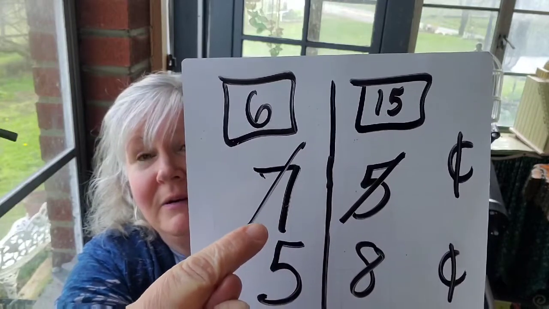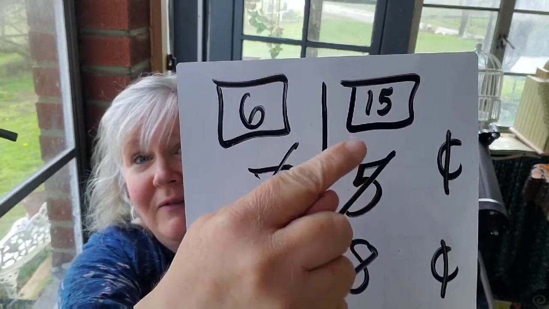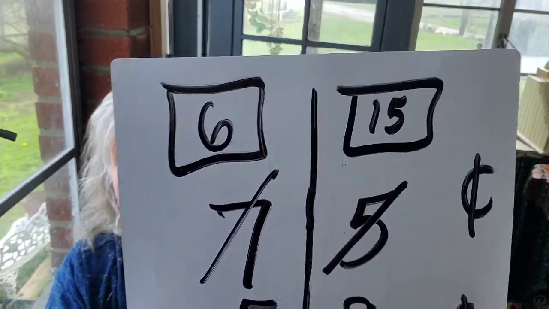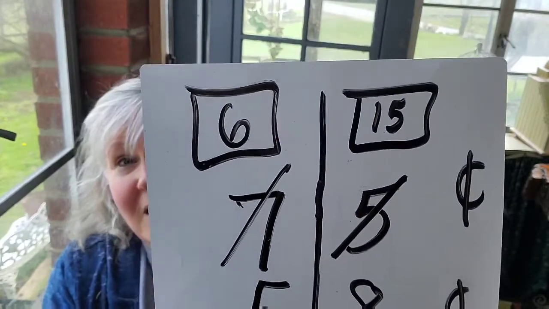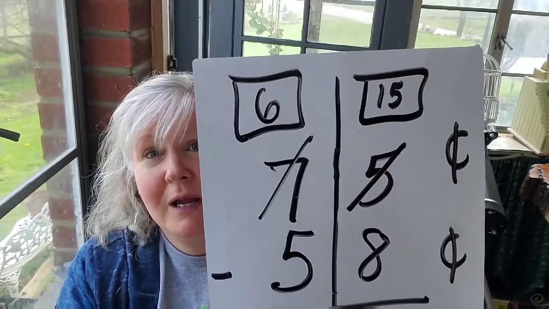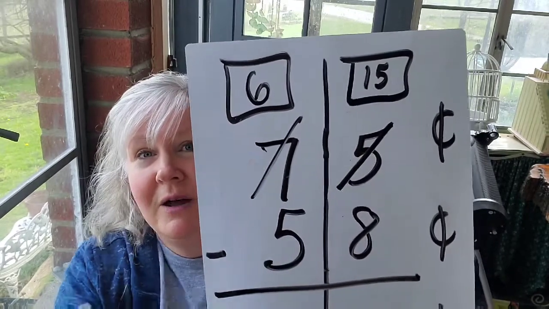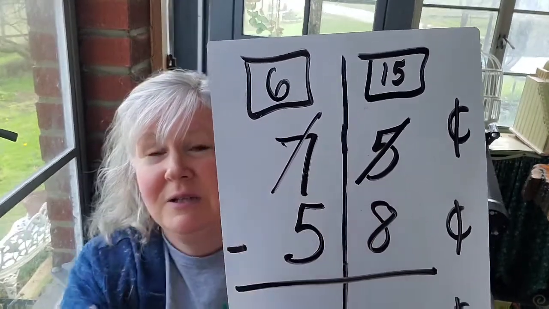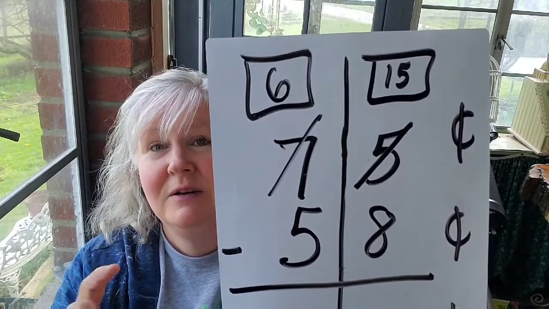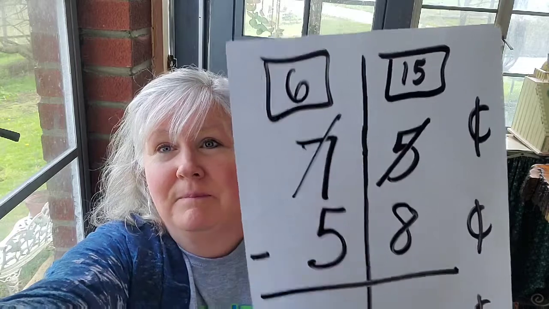The stick of 10 that we got from the 7 when we moved it over, that 10 plus 5 equals 15, and put 15 in the box. I think that's a little bit of extra steps and extra writing when we can just simply draw the stick of 10 right there. So I'm going to erase that and go back to the way I like to teach it. So make sure your paper's ready to go when I get back.